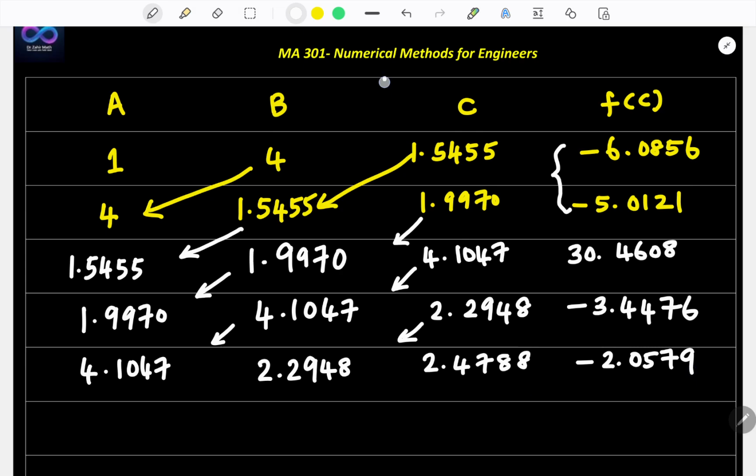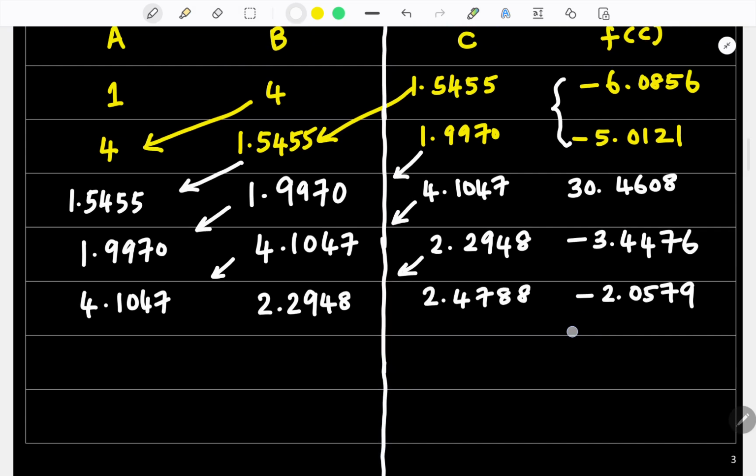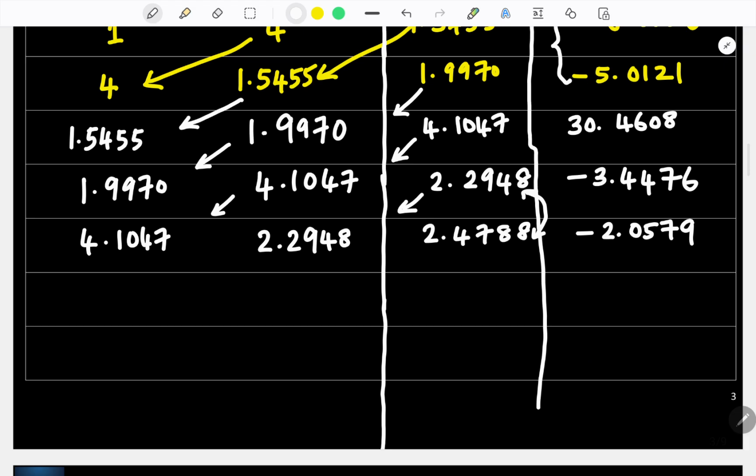So again I'm telling you, this is your roots. So you have to concentrate on this column, very very important. If two values are the same, then you are going to stop it.